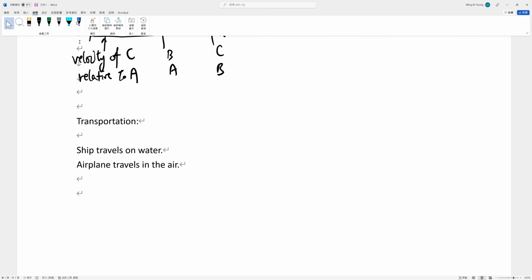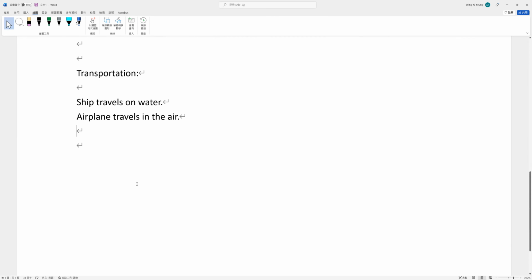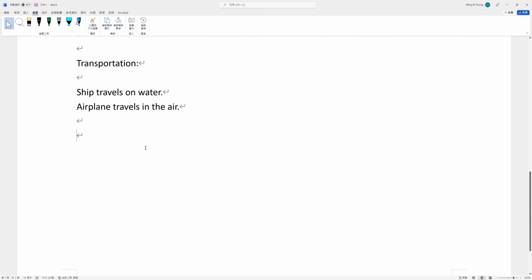So let's say if there's some typhoon, you know that in most of the cases, the airport will close and they suspend all the flights if it's typhoon number 8.